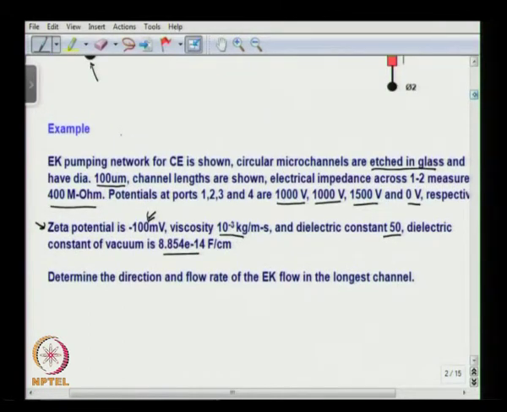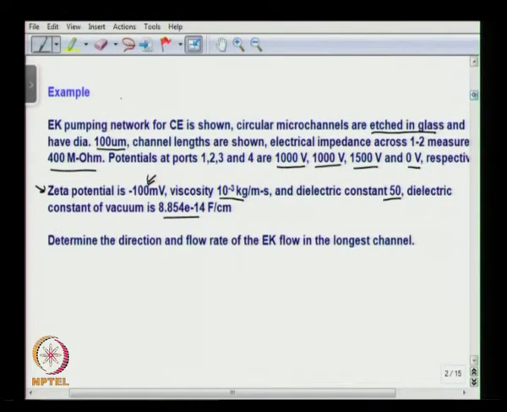Here we can assume that the fluid in the microchannel is homogeneous. So we make an assumption that the fluid in the microchannel is homogeneous, meaning the electrical properties are the same throughout.